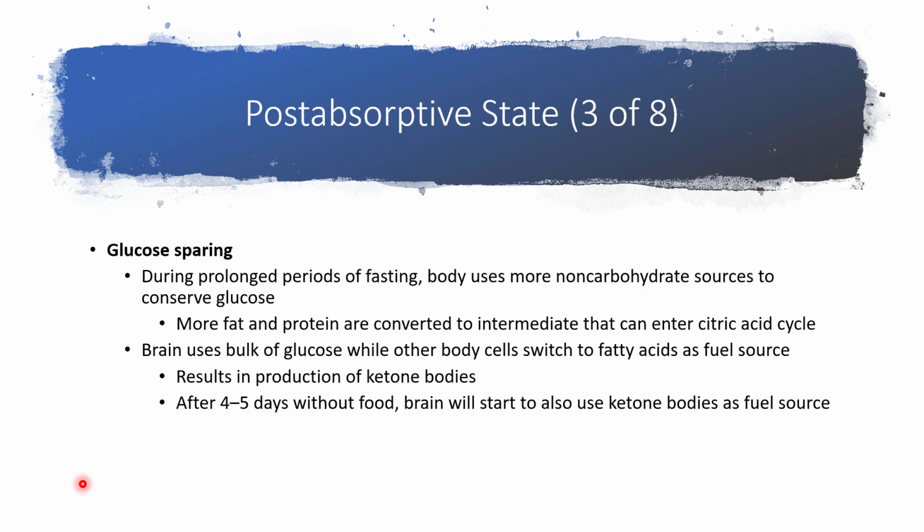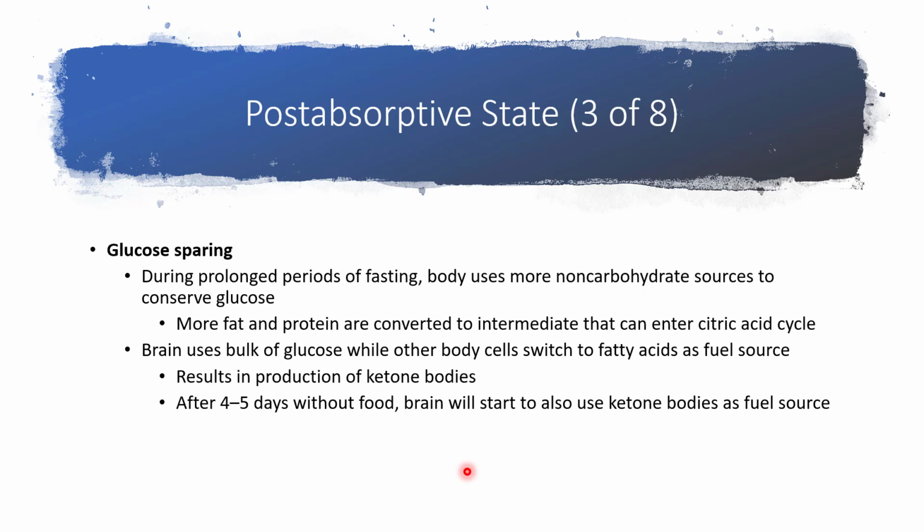Glucose sparing happens during prolonged periods of fasting. The body uses non-carbohydrate sources to conserve glucose, and will pretty much result in gluconeogenesis. More fat and protein are converted to intermediates that can enter the citric acid cycle, which is eventually used for the production of ATP.